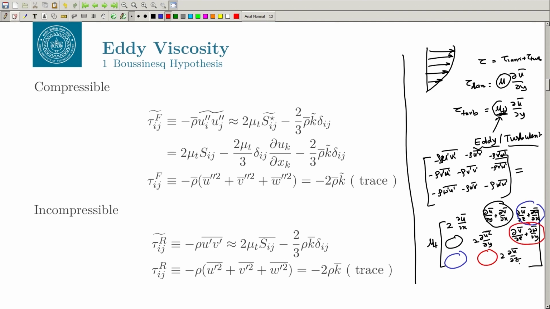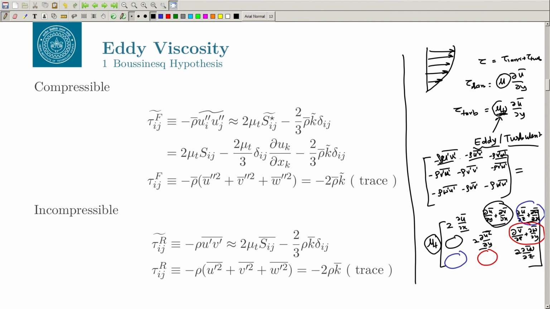Now if you use the Boussinesq hypothesis, all the stress terms should be found by just knowing this mu t, because all these gradient quantities are known from the momentum equation, mass conservation equation, or basically the Navier-Stokes equations. But there is one problem.